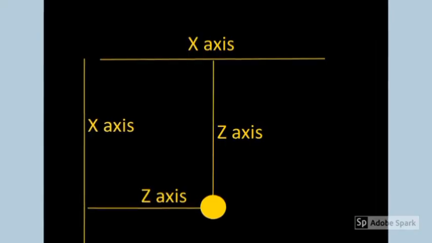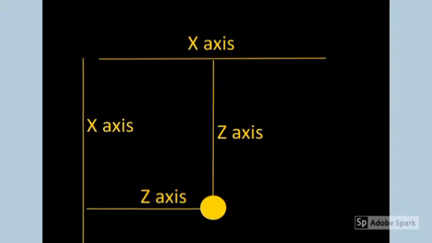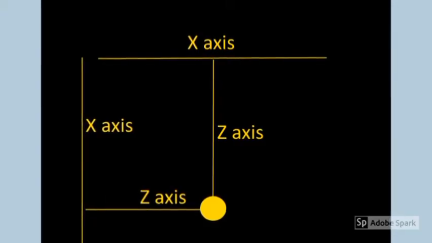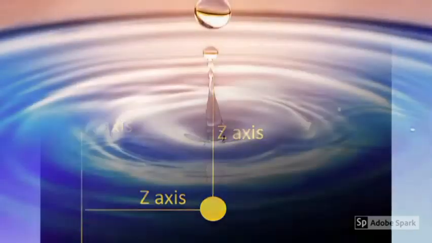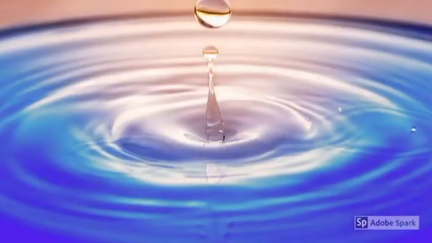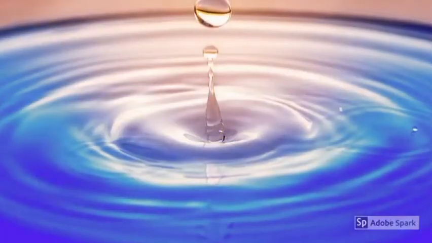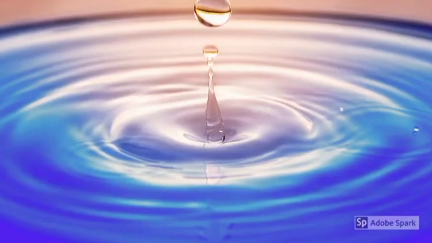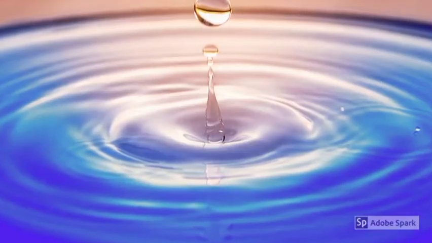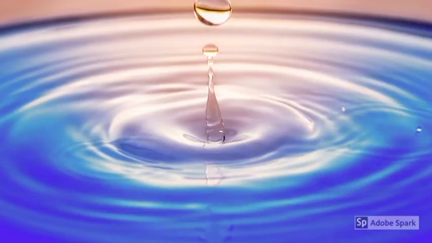No matter which way you face, you would still see apparent curvature on your Z-axis, but no curvature on your X-axis. If we saw Z-axis curvature in all directions, but no X-axis curvature, it would appear like we live in a giant ripple.